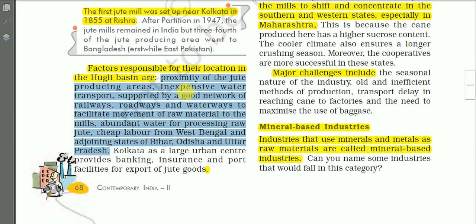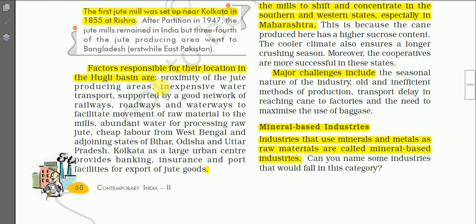West Bengal is a jute grower. Along the Ganga River also jute is grown, and along the Brahmaputra also jute is grown. That means along this Hooghly River, jute mills are concentrated because nearby, jute plants are grown.